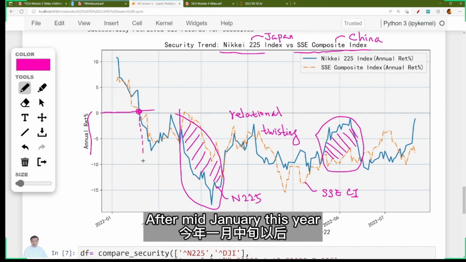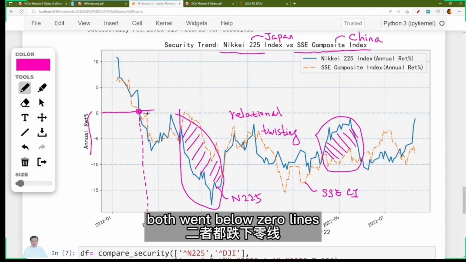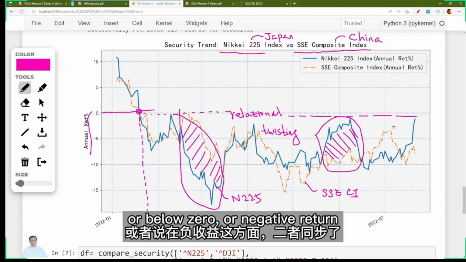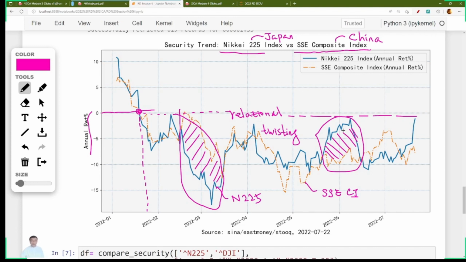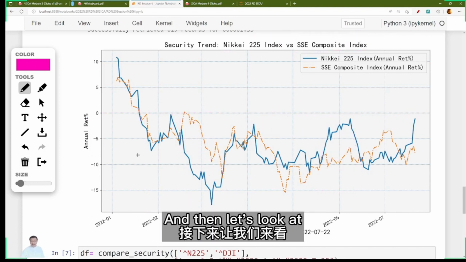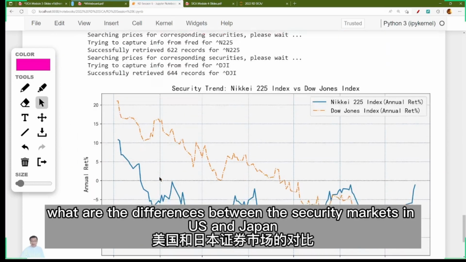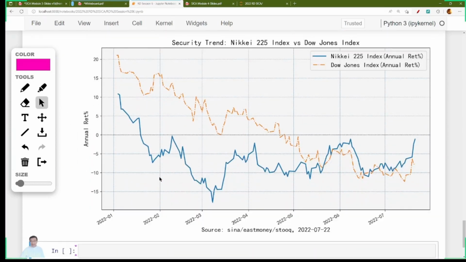After mid-January this year, both went below zero lines. Okay. From this perspective, they two are the same, both below zero, or negative return. And then let's look at what the differences are between the security markets in the US and Japan.